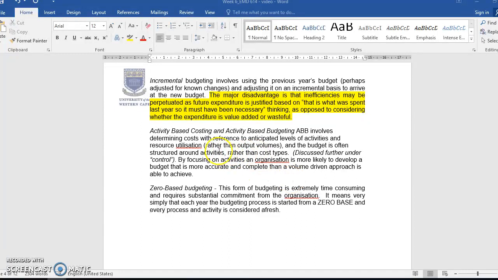It is the more accurate and the more complete approach. However, the level of expertise needed to do activity-based budgeting is so much more sophisticated than you would need for incremental budgeting or even zero-based budgeting.